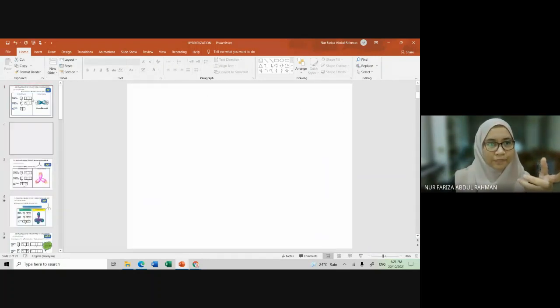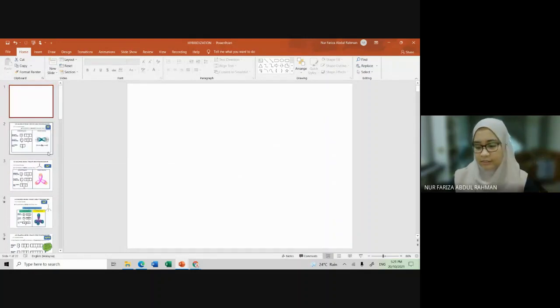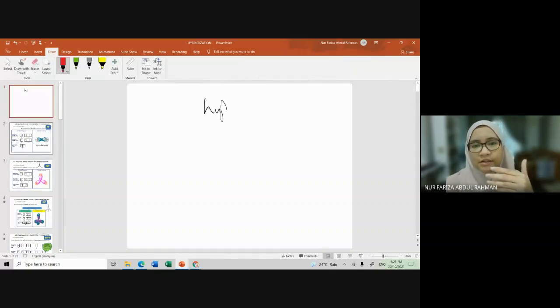But before that, I would divide the type of hybridization into 3 classes ataupun 3 categories. Again, this is to nak bagi you guys nampak dia punya flow, so that I hope that by rearranging the slides this way you'll be able to understand it better. So the hybridization we are going to look at in terms of 3 categories.